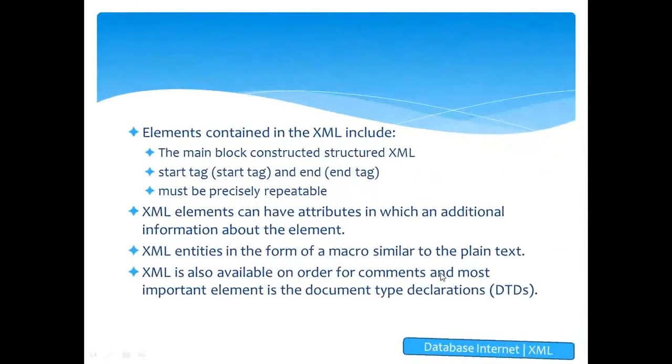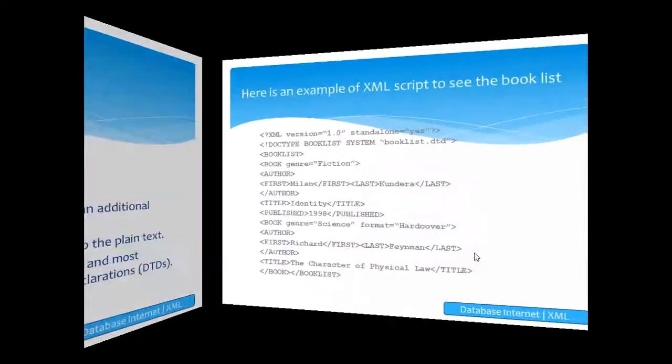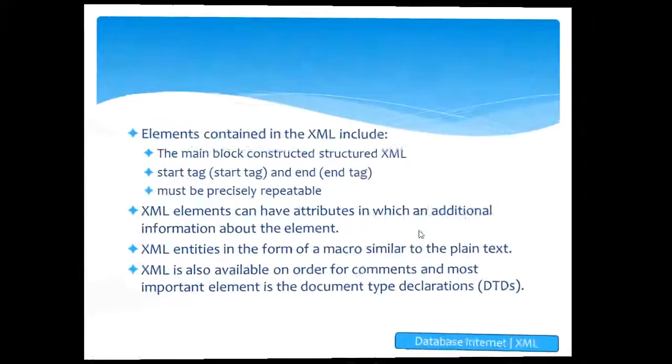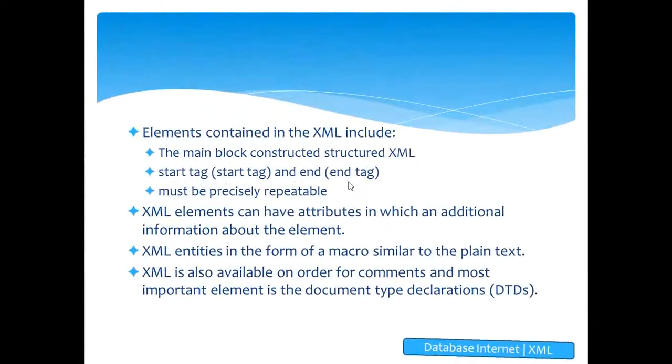Elements contained in XML include: first, the main building block, which constructs the XML structure with a start tag and an end tag like HTML, and must be precisely repeatable.